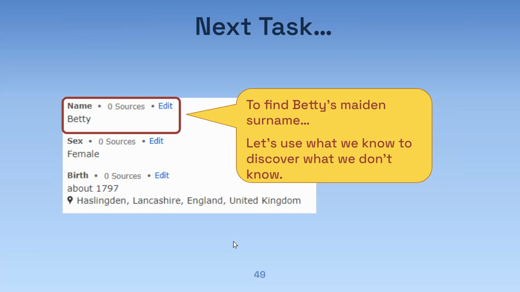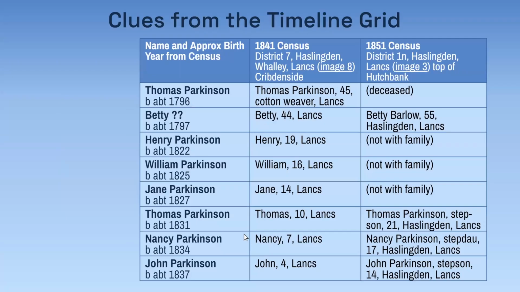The reason that's a wonderful principle is that it builds a solid foundation. We're not just going to jump to a conclusion based on maybe somebody having the same name, and that's all, but we're going to use what we know to build that solid bridge to find the information that we don't know. So last week we made a timeline grid.